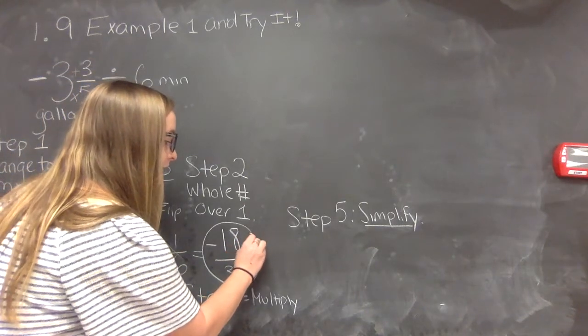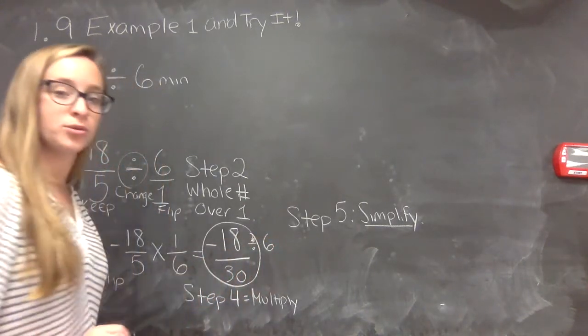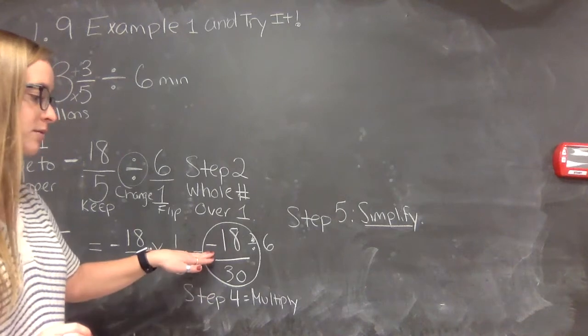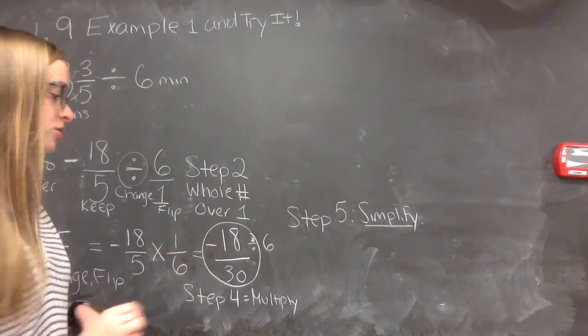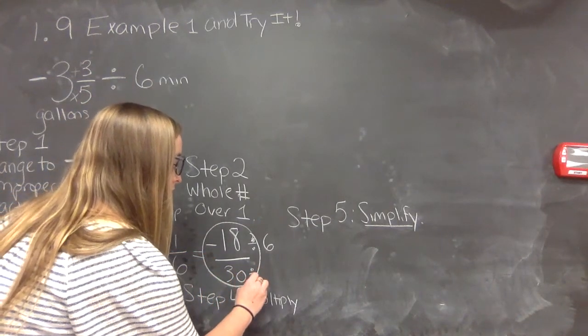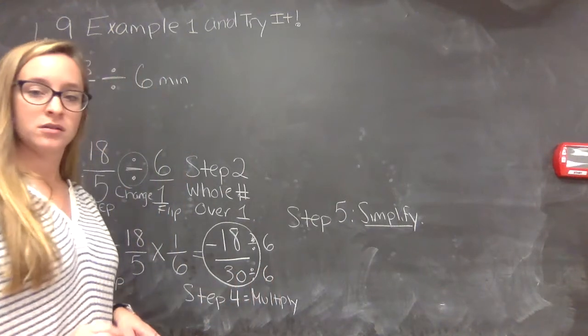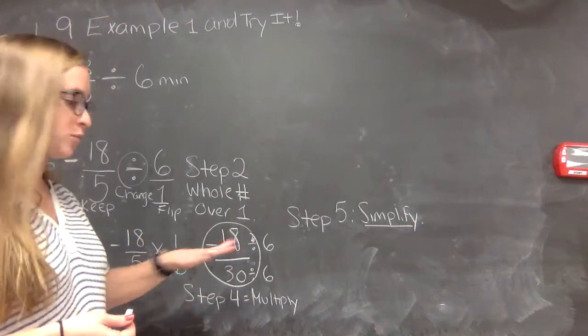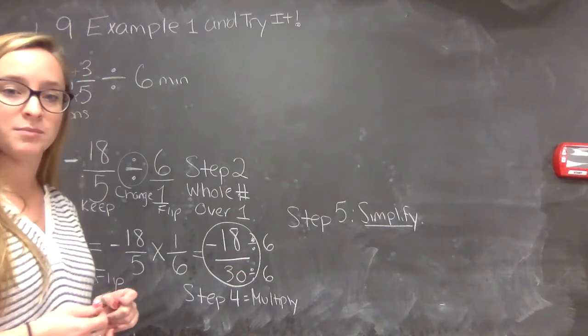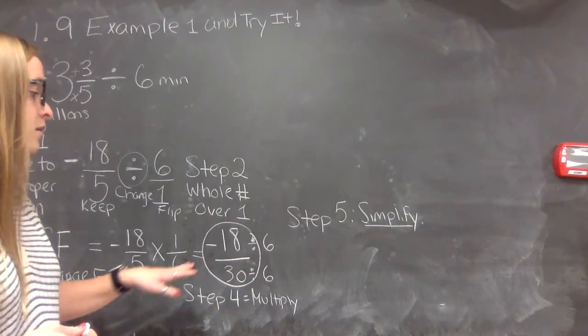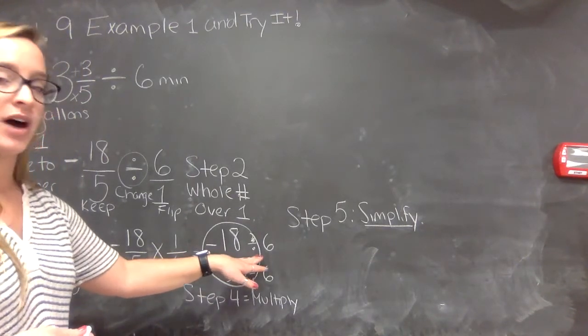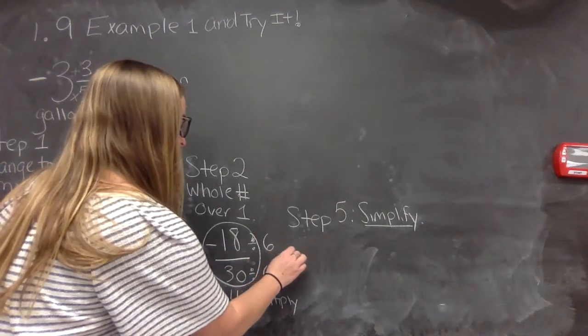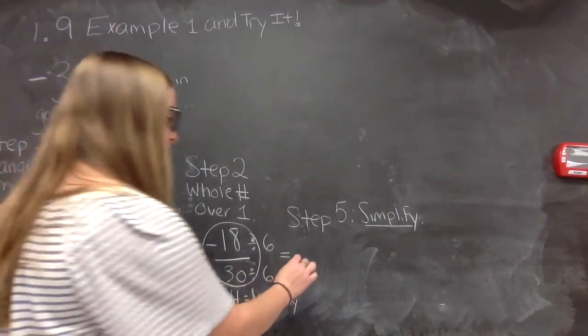So I'm going to divide by 6 on the numerator, and whatever I divide the numerator by, I have to also divide the denominator by, so that way it's still equivalent. We're going to divide by the same number. If I have -18 divided by 6, I have -3.